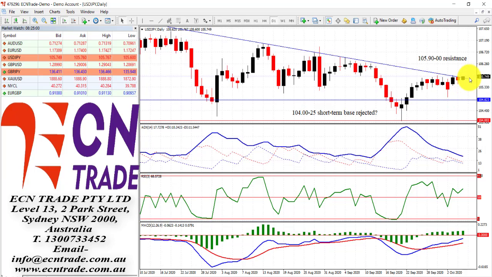Dollar yen, little to say, still capped from that 105.90 figure, but still continue to keep your stop losses and take profits according to your risk management, just in case we get a break of 105.90, because this could see a short rally, stop loss triggered towards a region of around 106.25.